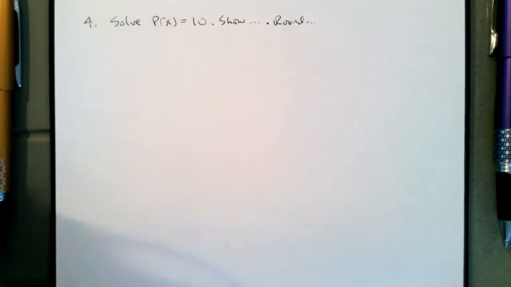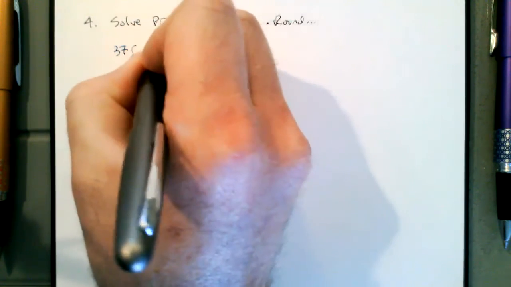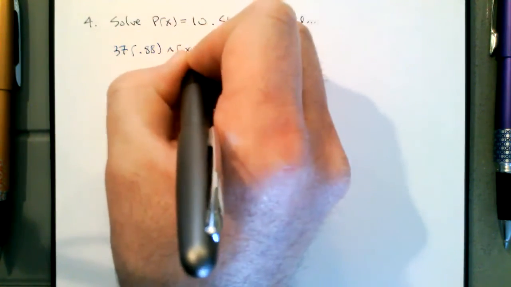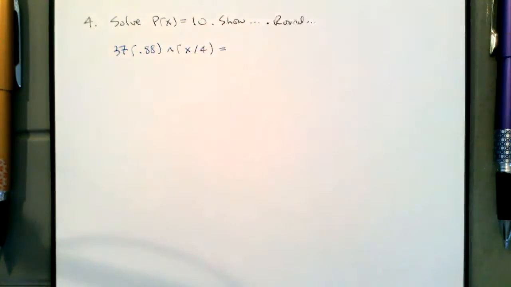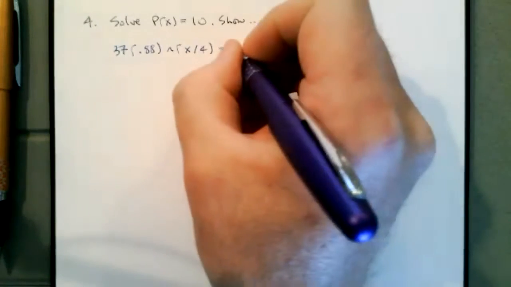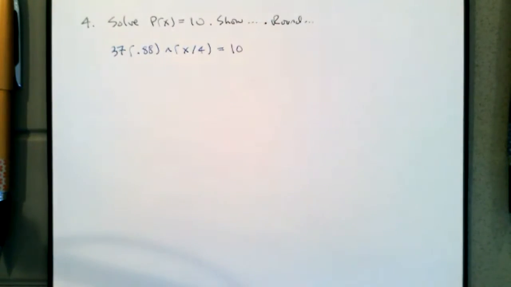So now we're going to set up an equation where we take P of X, which is 37 times 0.88 to the X over 4, and we're going to set this equal to 10. So now the 10 is the output on the other side, and we're trying to figure out what X will get us to a 10.